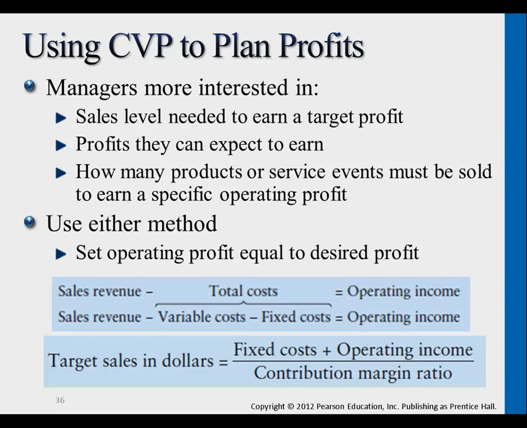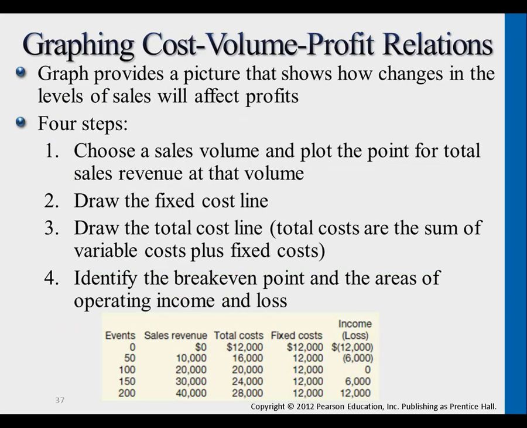Okay, so here's how we plot all of this. We need a plot so that we can see all the changes and variations in numbers. And there are 4 steps. First, we choose a sales volume and plot the point for total sales revenue at that particular volume.